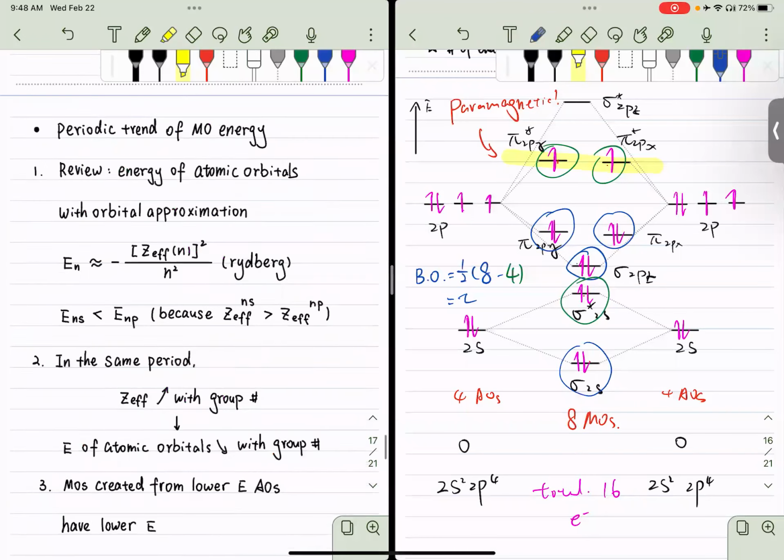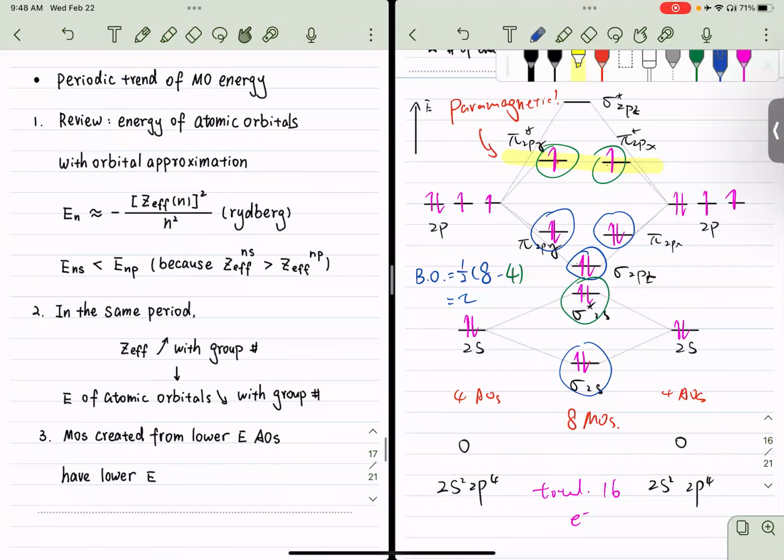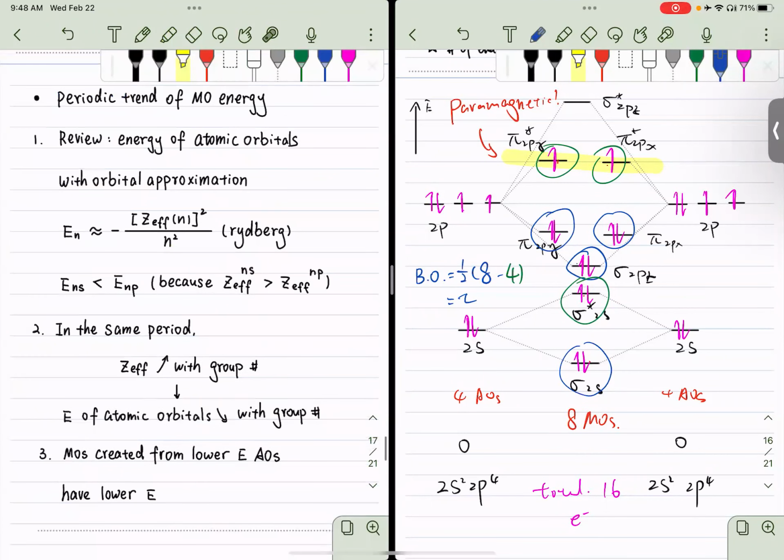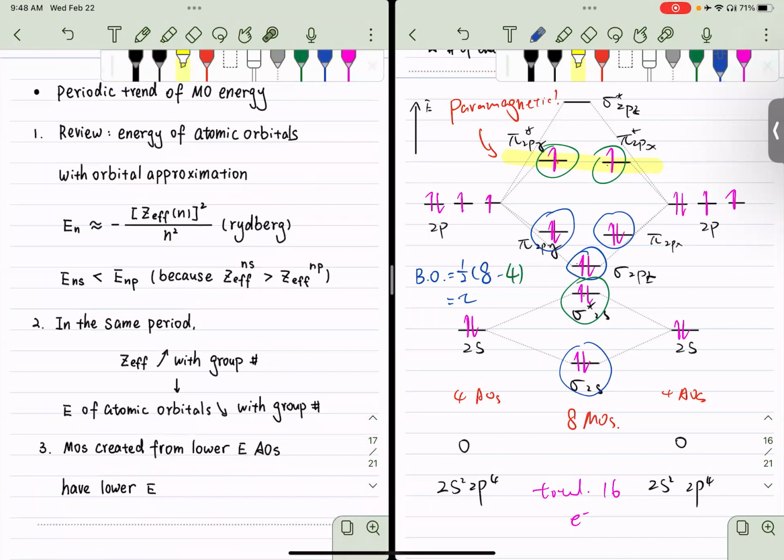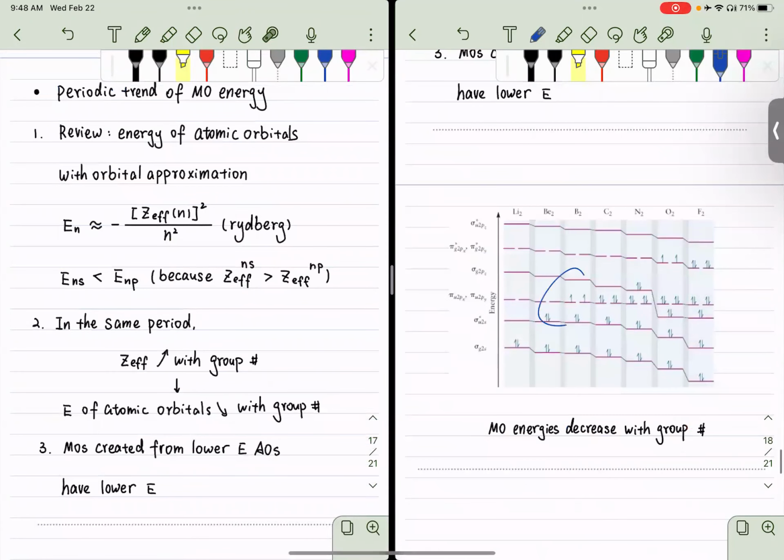All right, before we end, you can also deduce the periodic trend for molecular orbital energy, which correlates to the atomic orbital energy. In the same period, the effective core potential goes up as the group number goes up.